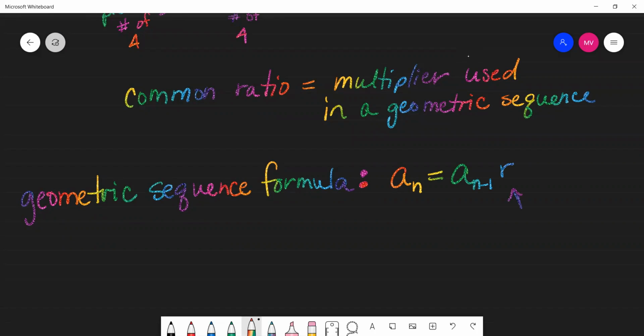So you can see this is very similar, but instead of adding, we're multiplying.